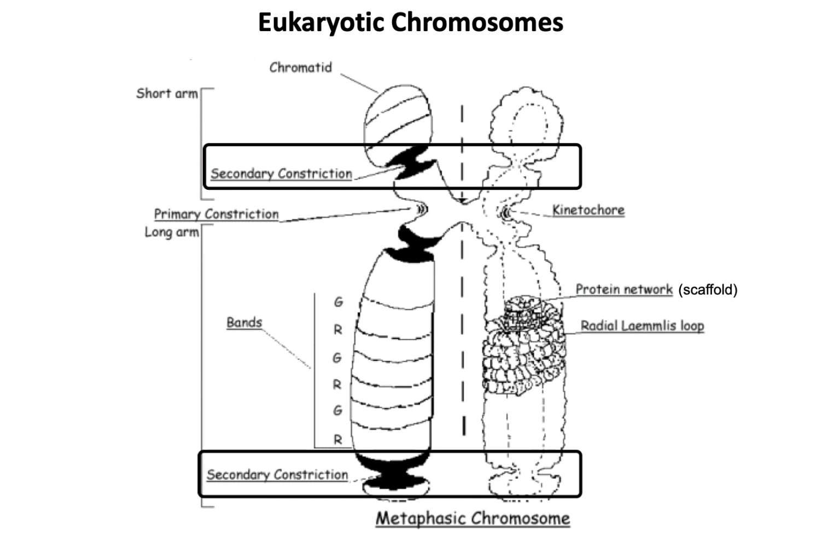These are kind of a misnomer in that actually the DNA there is not highly constricted. It's actually looping out, but it doesn't stain well, so you can't see it. So it looks like another constriction. These are usually the places that you find ribosomal gene loci. So many ribosomal genes are in there, and they're constantly transcribing, which is why they're not condensed like the rest of the chromosome.